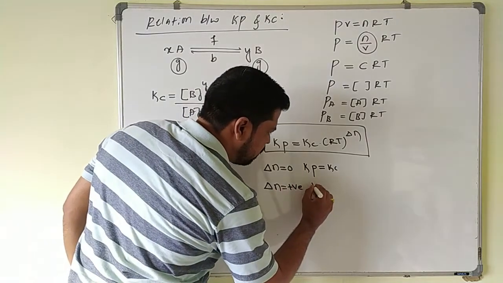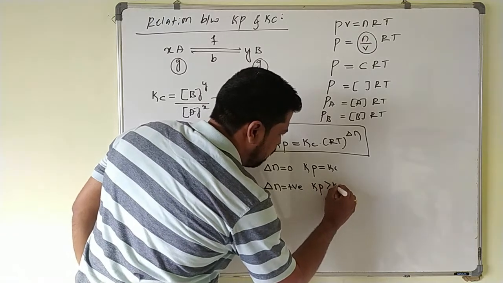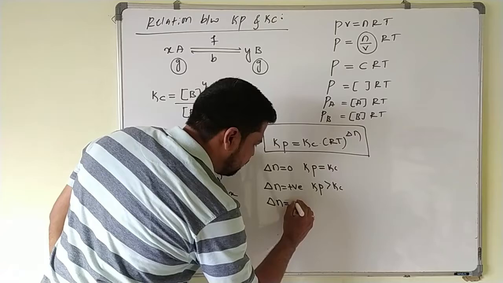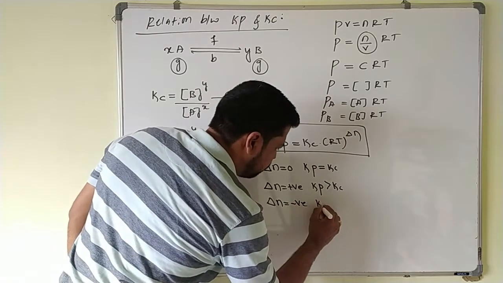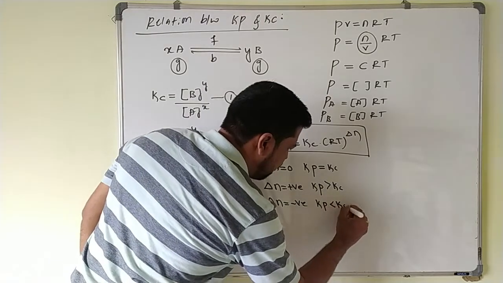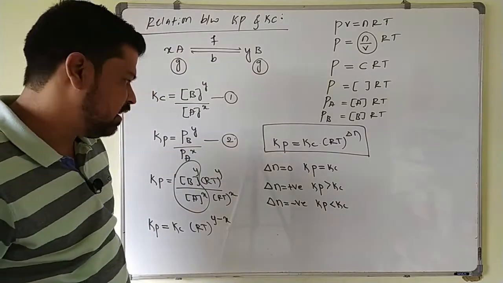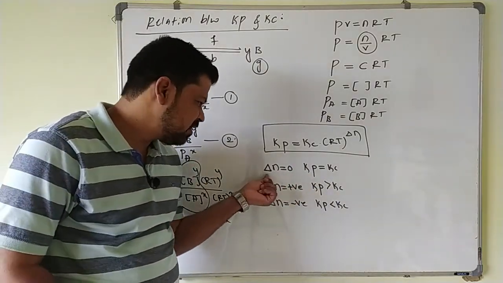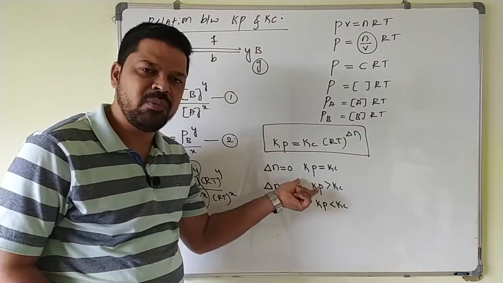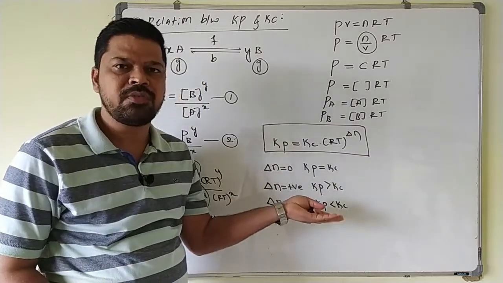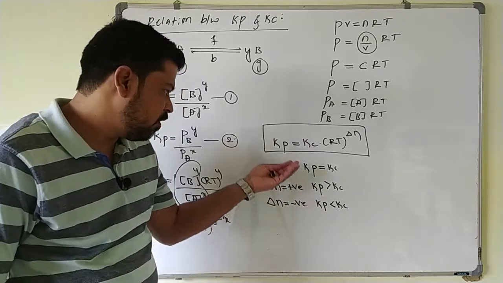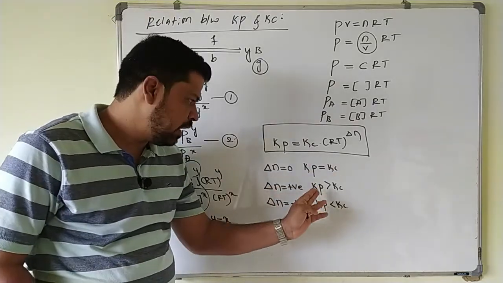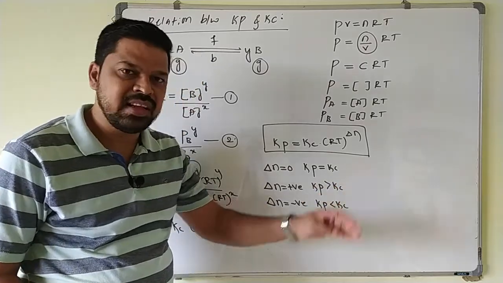If delta n is negative, Kp is less than Kc. These are the important conditions you have to remember. Very simple, just calculate the delta n value, the number of moles of gaseous product minus the number of moles of gaseous reactant. Based on that, you can write Kp equal to Kc, Kp greater than Kc, or Kp less than Kc.